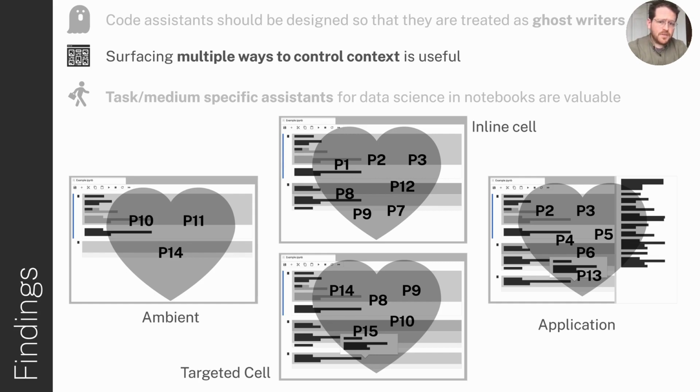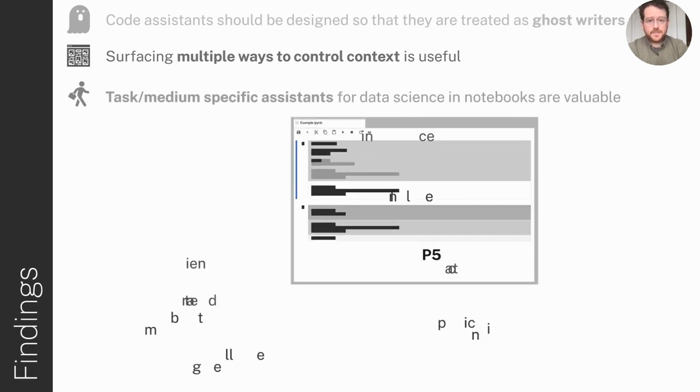In addition, several participants noted that they would likely use such designs for different tasks. For instance, the application form might be well matched to explore alternatives before integrating them into the notebook, compared to something like the inline design. We suggest that having multiple ways of interacting with an assistant is more useful than a general-purpose assistant that acts only in a single fashion, as this allows their advice to be localized to a given task.